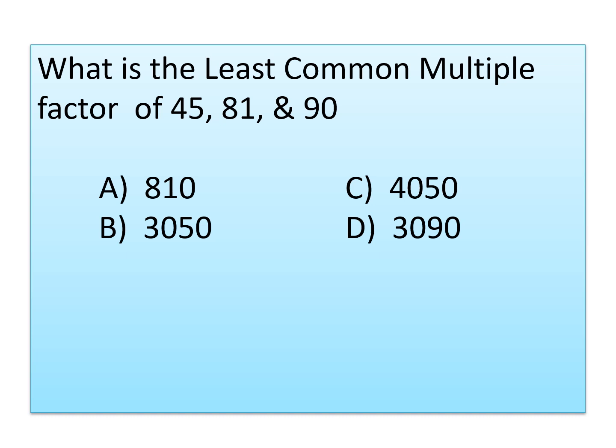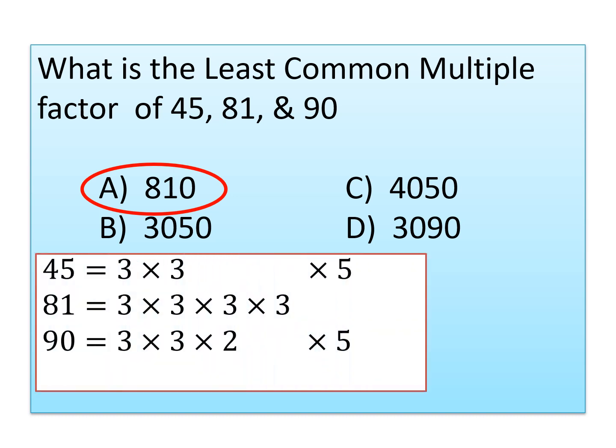The correct answer for this problem is letter A. Okay? So the same process, we are going to get the prime factorization of 45, 81, and 90. So 45 is equal to 3 times 3 times 5. 81 is 3 times 3 times 3 times 3. 90 equals 3 times 3 times 2 times 5.